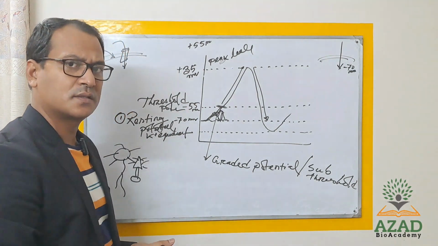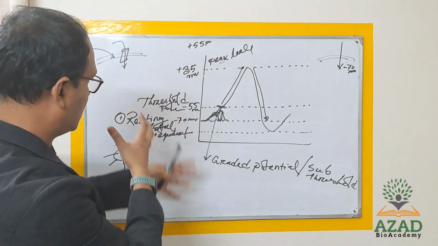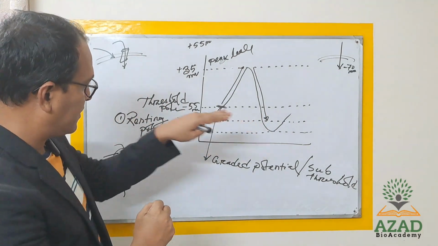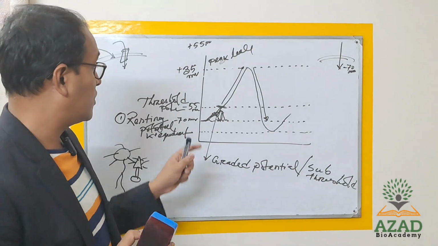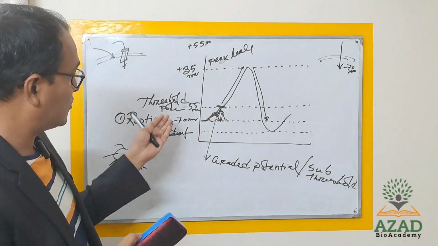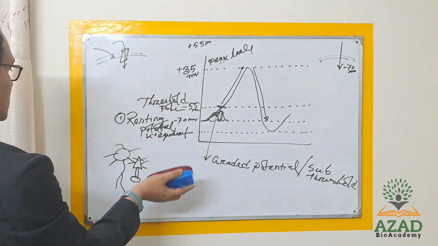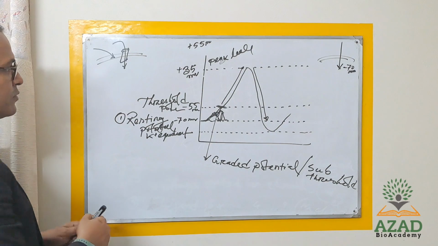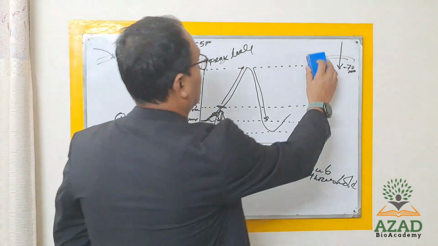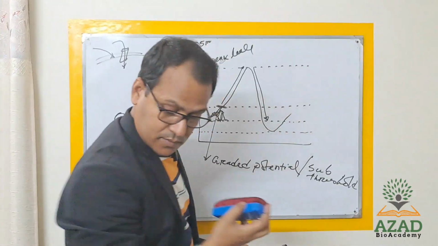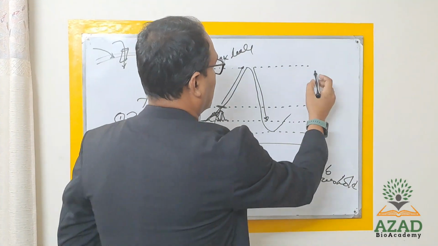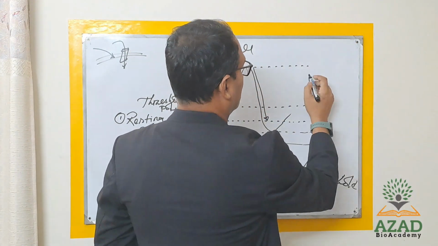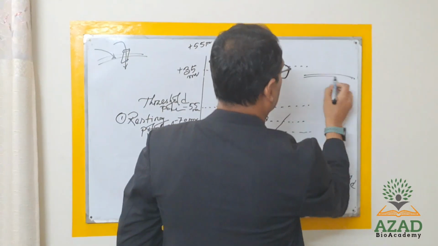So actually I'm just discussing different parameters, but in the resting state, what is the membrane condition of the ions inside and outside? I missed that out, so I'm just drawing it here. In the resting membrane, resting potential, this would be the right place to draw the resting membrane and the intensity of the potential difference. This is the membrane.